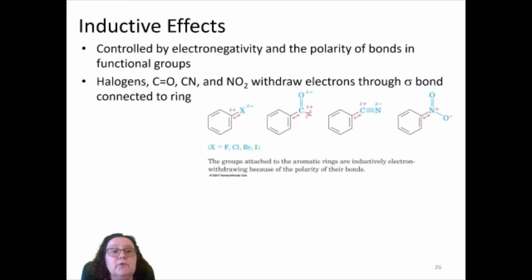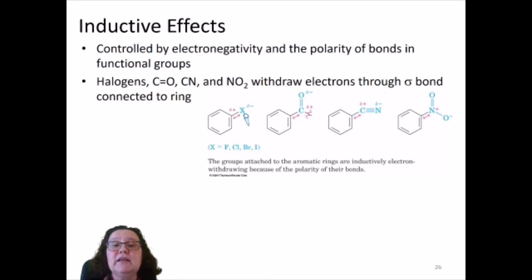So for example, inductive effects. Inductive effects depend on the electronegativity and the polarity of the bonds in the functional groups. And here we've got examples of halogens. We've got an example with a carbonyl group in a ketone, a nitrile group, or an NO2, a nitro group. And if you think of the separation of charges, for example, in a halogen, halogens have a partial negative charge.